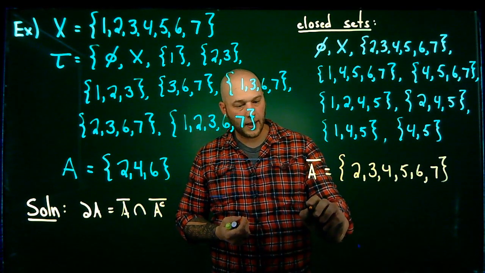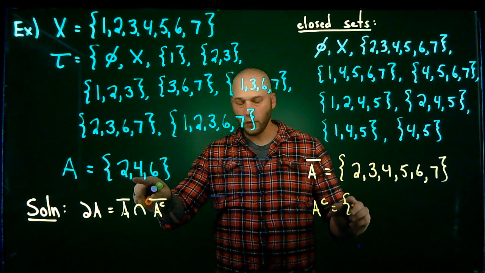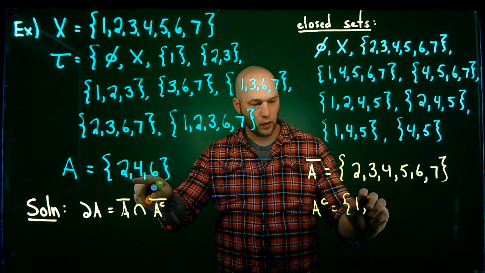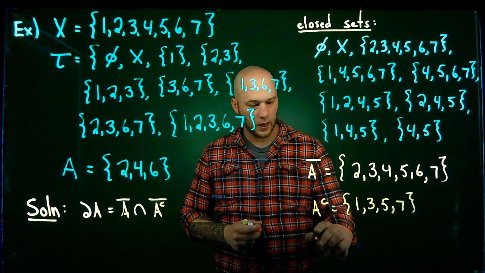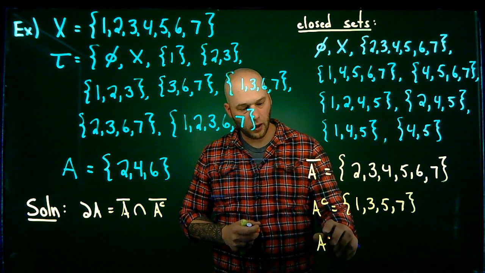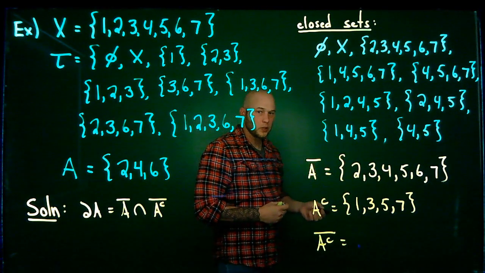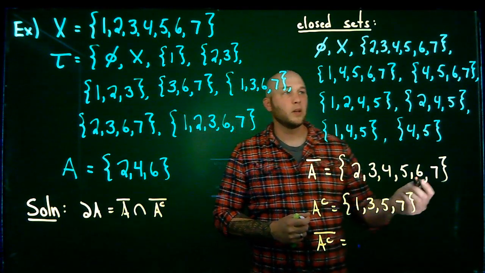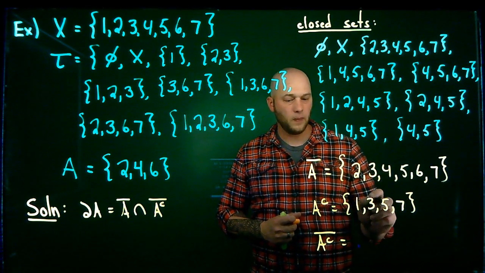And if I take a complement, that would be {1, 3, 5, 7}, so all the odd numbers. And then if I take the closure of the complement, this would be the intersection of all closed supersets of the complement. And what does that consist of? Well, let's see, {1, 3, 5, 7}.